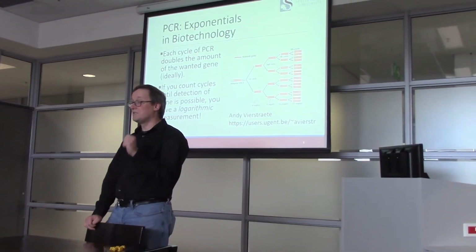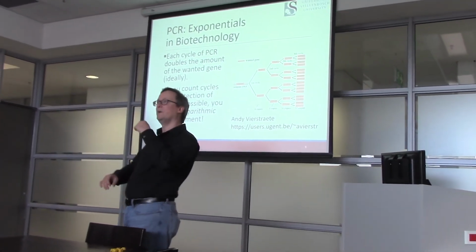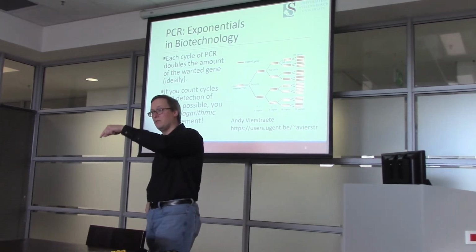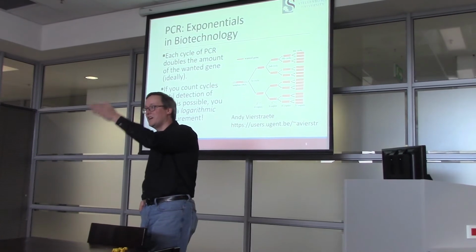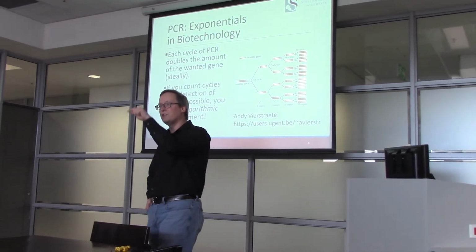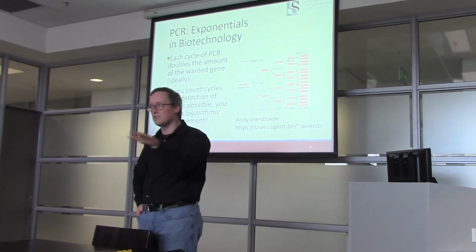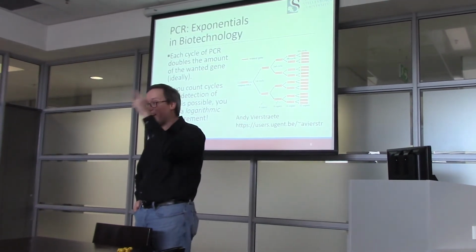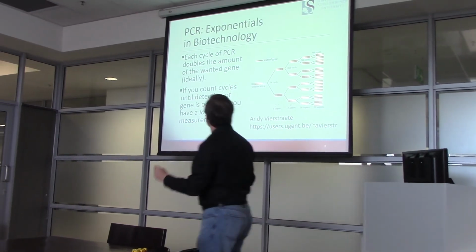So if it's a perfect process, we have twice as much template in the person with a 7 cycle reading as they do with 8 cycles. Even though our measurements are cycle numbers that look like integers, what they imply is exponential. So we have to be thinking about that.